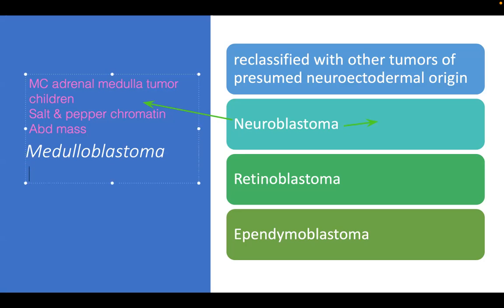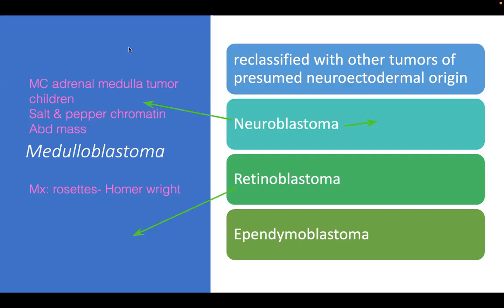Now, the neuroblastoma microscopically, aside from having the salt and pepper chromatin, has a very important microscopic finding wherein you see rosettes. And what is the name of these rosettes? We call them the Homer-Wright pseudorosettes. Memorize that.